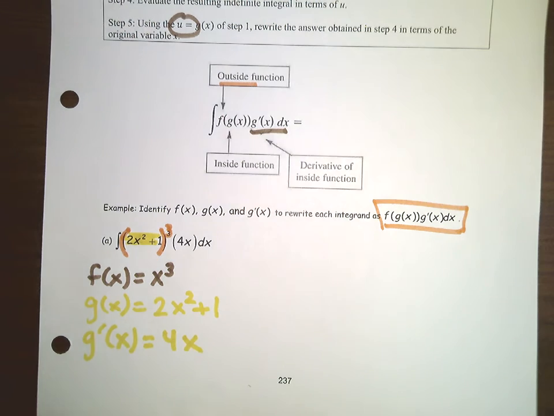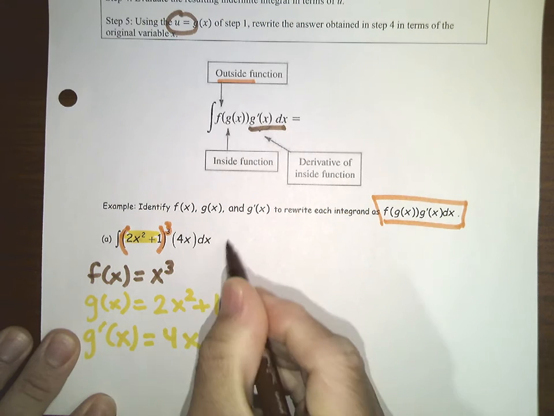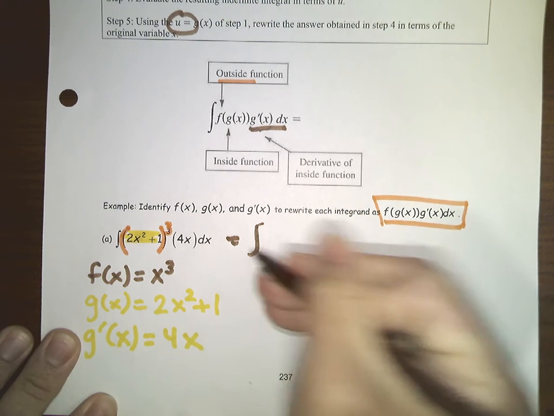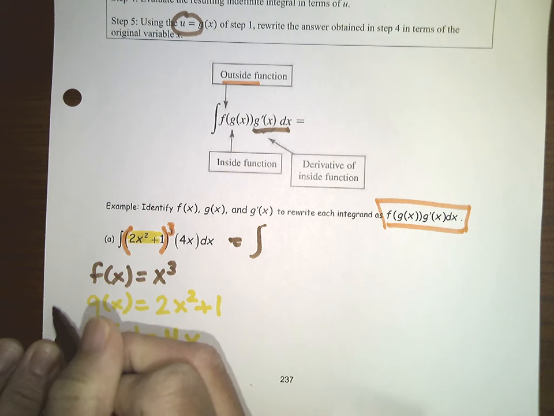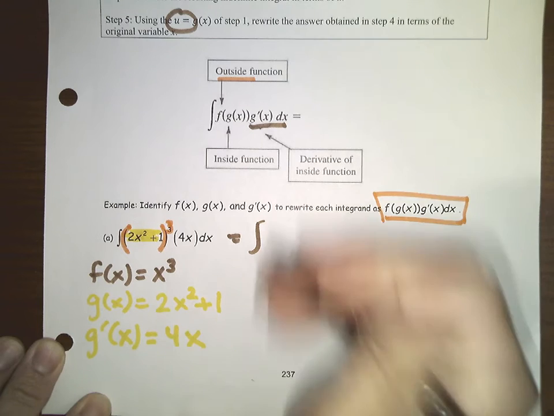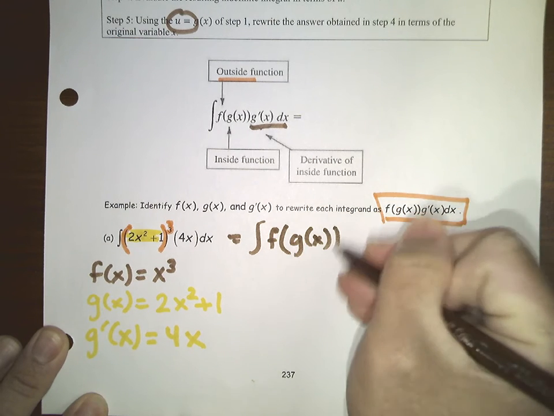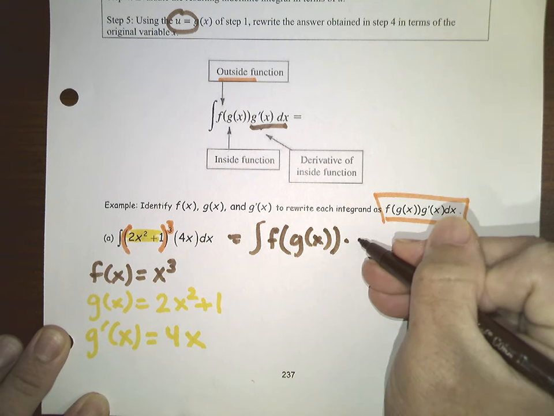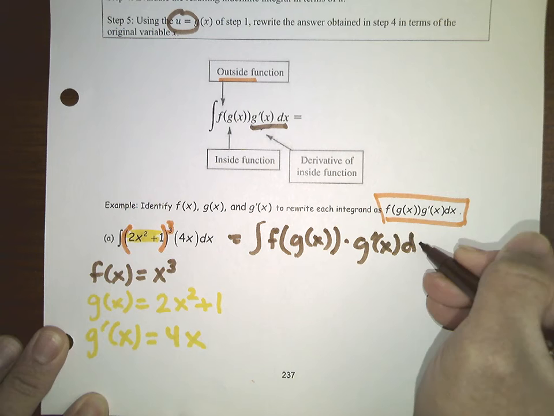If I make the substitutions correctly, this integral becomes the integral of f of g of x times g prime of x dx.